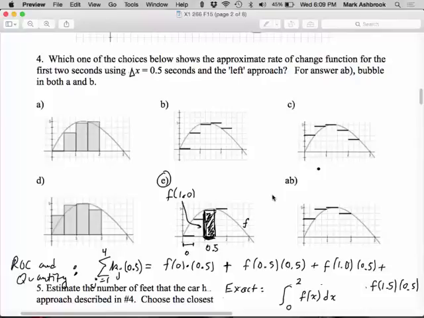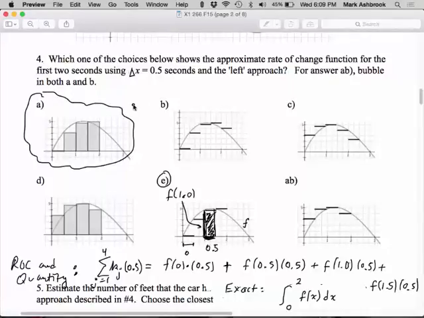Okay? And so that leads us to this right here. If you think of these as base times height plus base times height plus base times height plus base times height, and you think of summing up four rectangles, well, that answer is representative in a geometric sense of the sum.